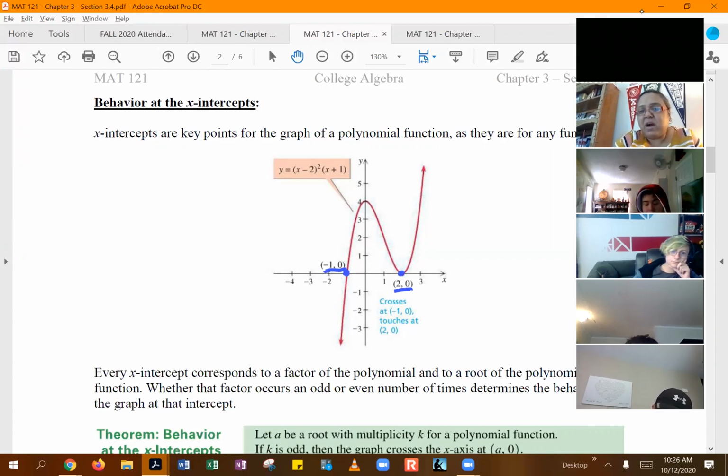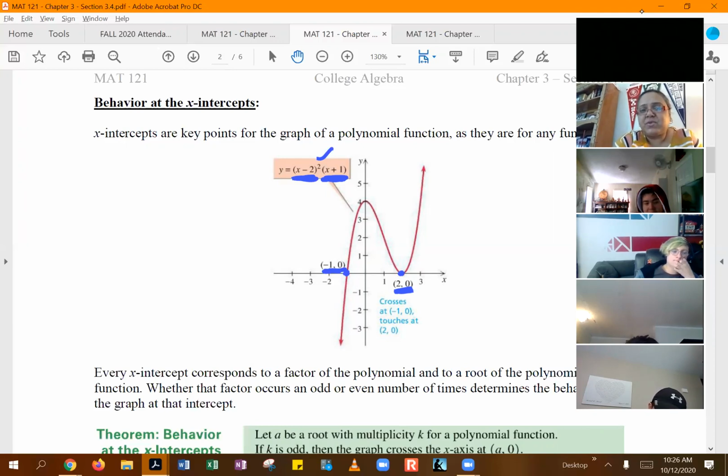And this actually comes from the factors where these ordered pairs came from. So you can see x plus 1 is what gives us x equals -1. x minus 2 is what gives us the x value of 2, right? 2, 0. So you will notice this guy was actually raised to the second power. And when it's raised to an even exponent, that's where it does this behavior of touching but not crossing.